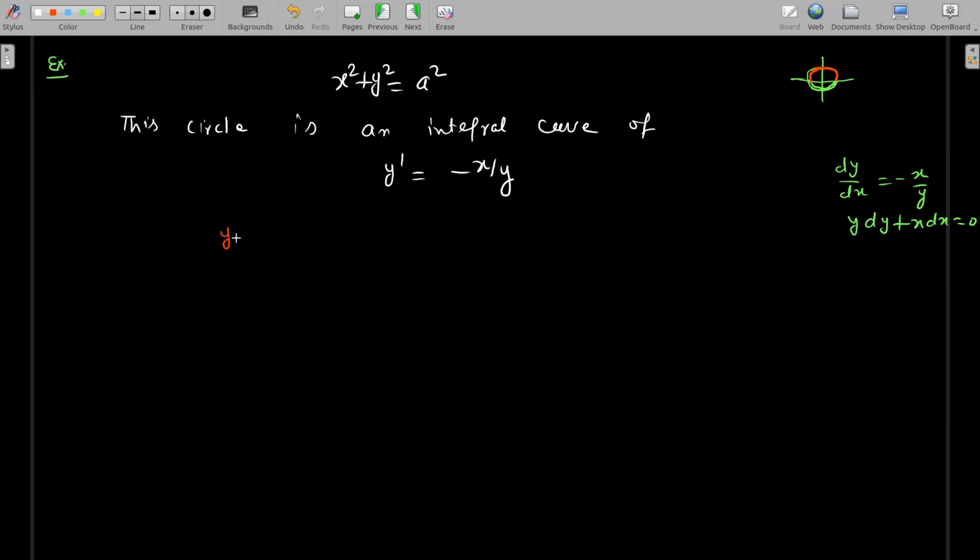One you can write as y1 equals to square root of a square minus y square, and the second one you can write as y2 equals to minus square root of a square minus y square. Okay.